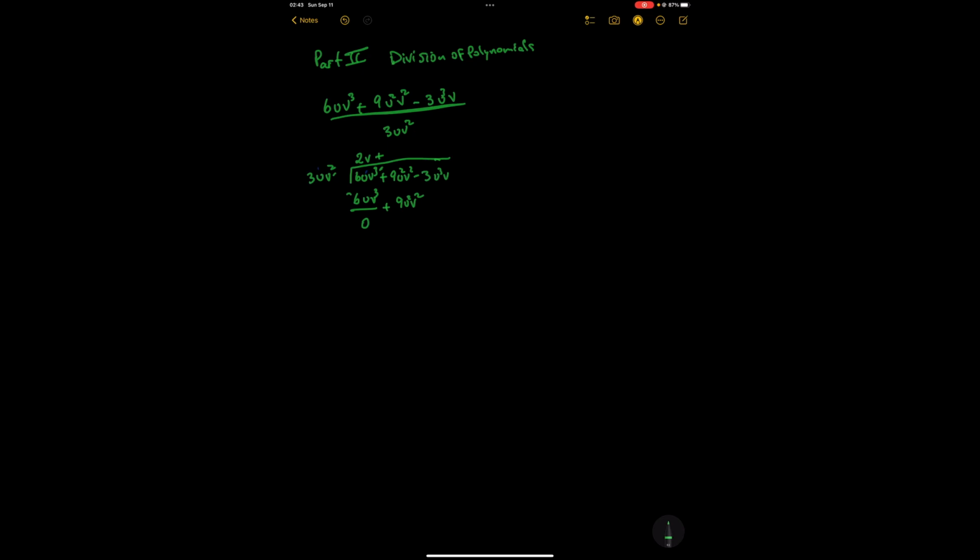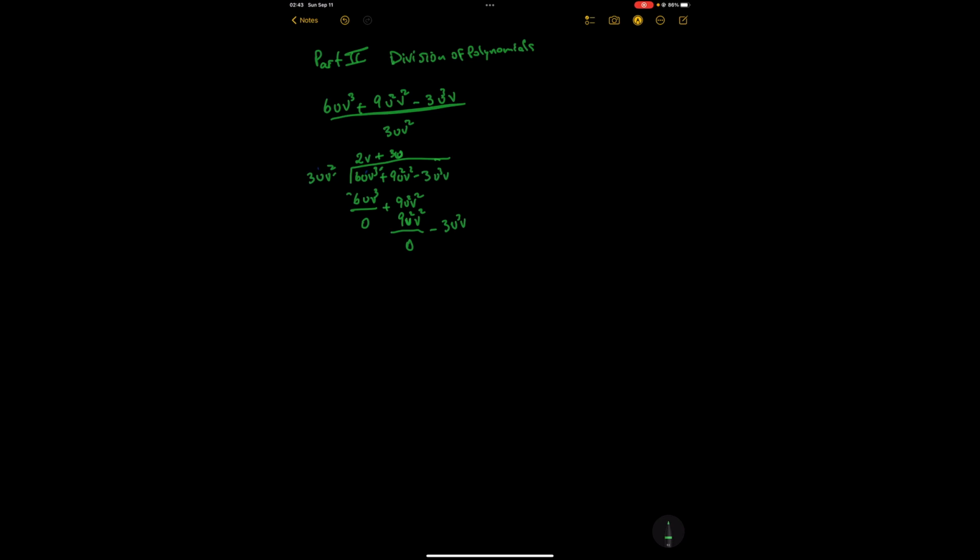So therefore, we know that 3 times 3 is going to equal 9, and u times u will be equal to u squared. So that will be u, and v squared is already good because we already have it on both places. So that will be 9u squared v squared, right? So that will be equal to 0. And bring down the negative 3u cubed v.